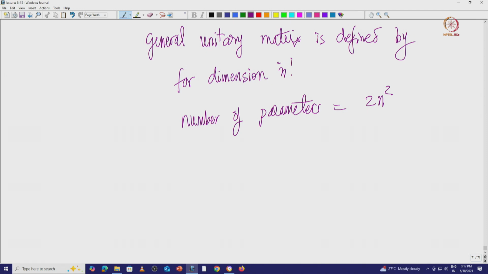N square is the number of complex parameters, and 2 because there is a real and imaginary part, so there is 2n square.